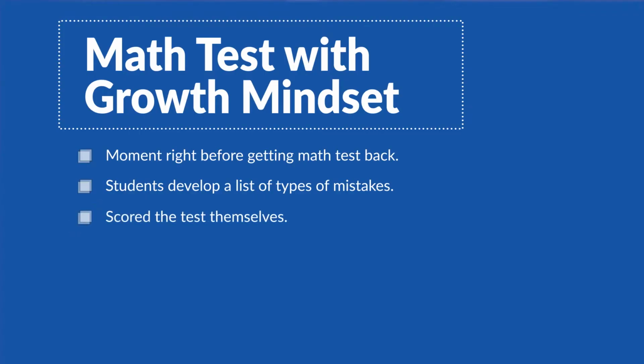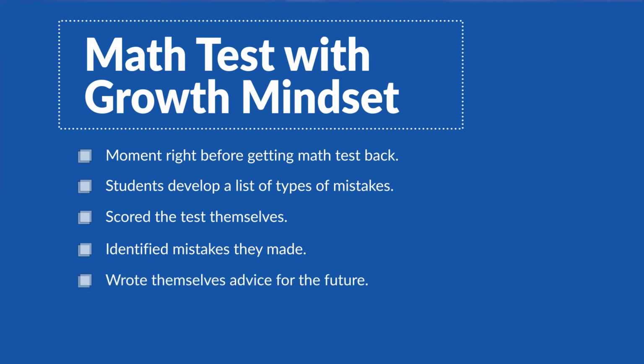Maybe they read the question wrong, maybe they made a careless mistake, or they didn't understand the concept. They then got their math assessment back, and they scored it themselves. And next to each problem, they identified what kind of mistake they made. They also wrote a short note with advice to themselves on how to avoid making that mistake again.